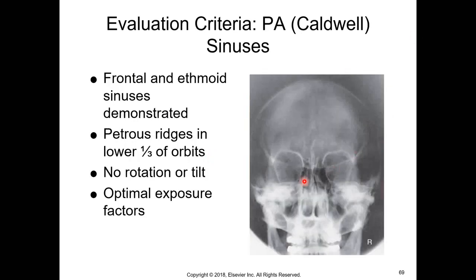And this is what it looks like. Petrous ridges in the lower third of the orbits, no rotation. You can see your frontal sinuses really well and your ethmoids really well with the PA Caldwell. So if somebody is in and they suspect sinusitis of the frontals or the ethmoid, this is the one you want to do, the PA Caldwell, so you can see these really well.